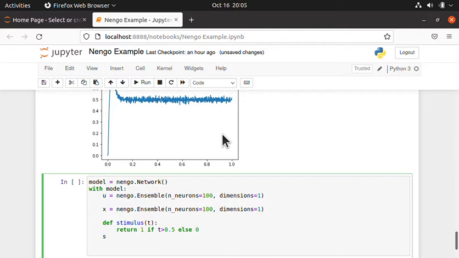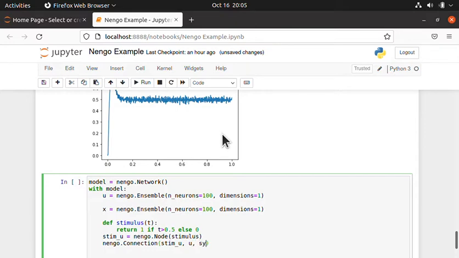I'm going to have some node, and we're going to make a connection U to U. Alright, that's going to be feeding in this function.